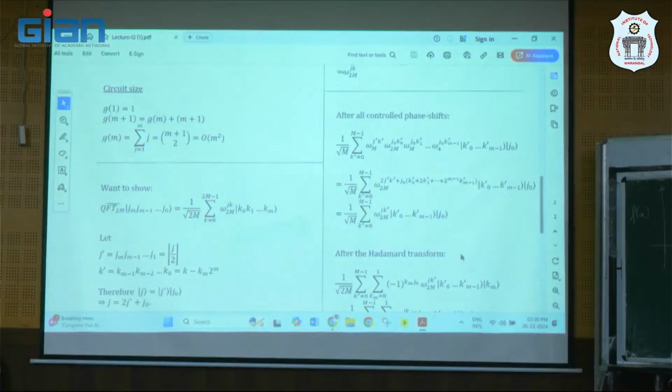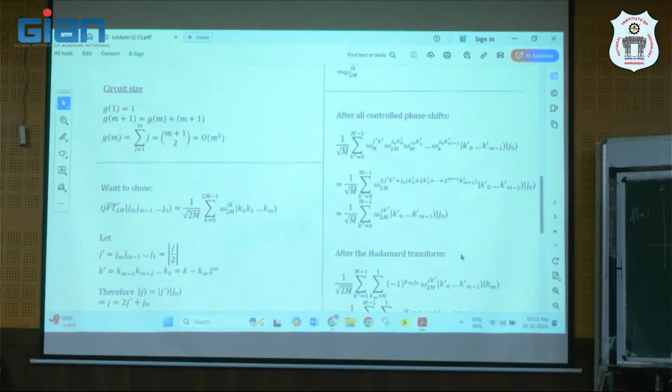Yes or no? See, start from the first wire. First wire is K naught prime. Last wire is J naught. The action is that you multiply by omega 2m to the power J naught K naught prime. J naught is there because every time the action is on the last wire.